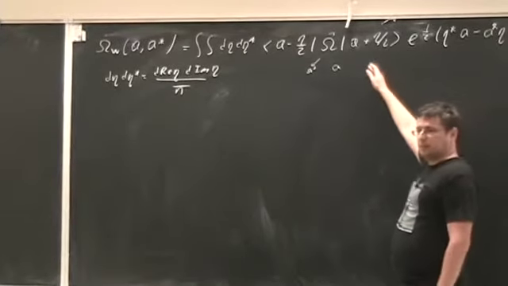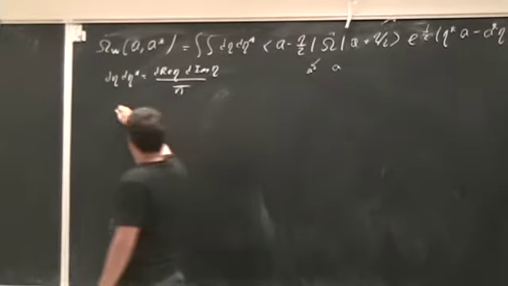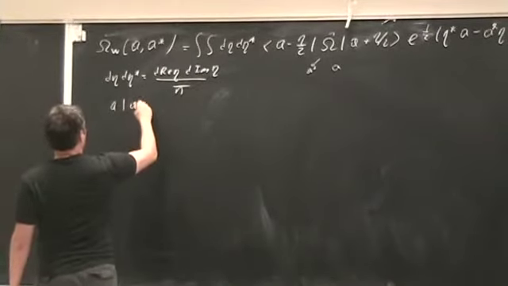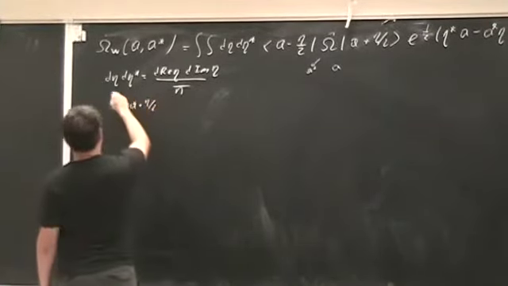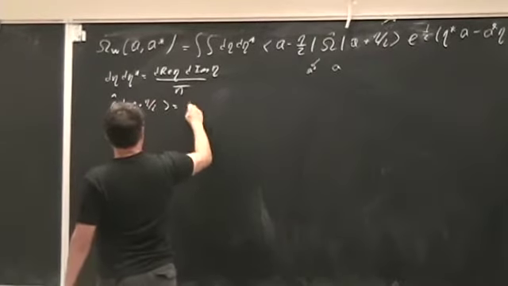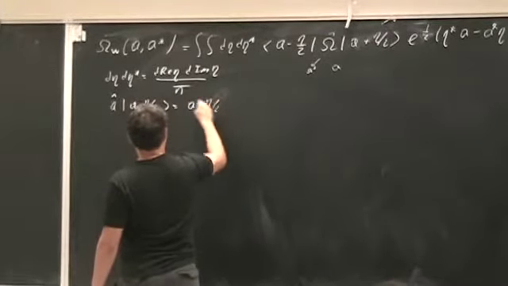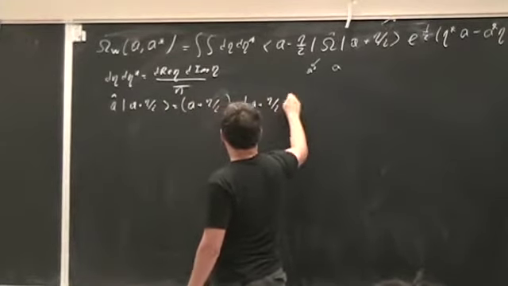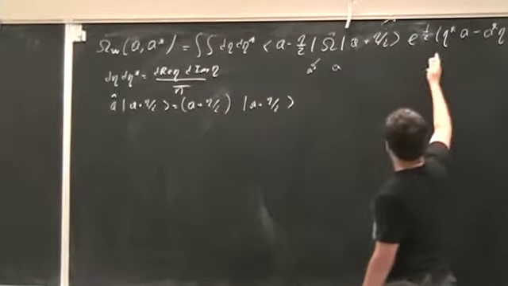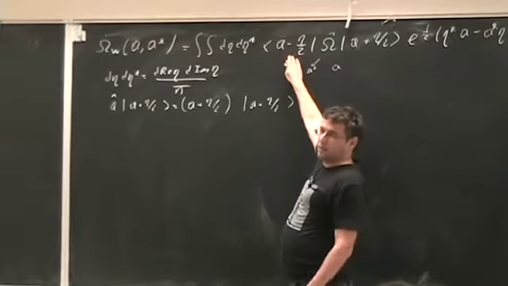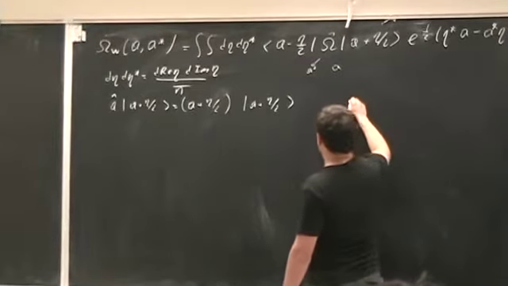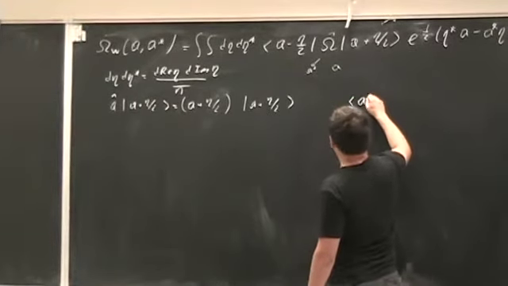Then this is really trivial, because I know that a acting on the coherent state, say a plus eta over 2, is just a plus eta over 2 times this coherent state. I get just a number. In the same way, a dagger acting on this coherent state will give me a star minus eta star over 2, so these are just numbers. The only thing I need to do is an overlap of two coherent states.